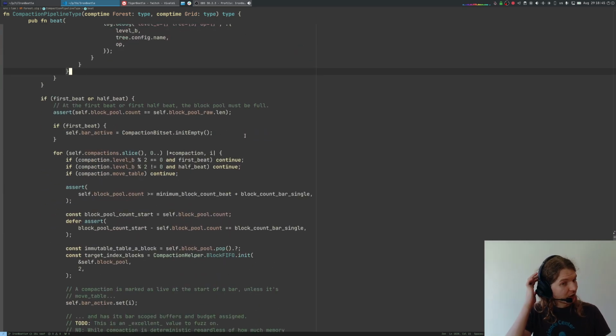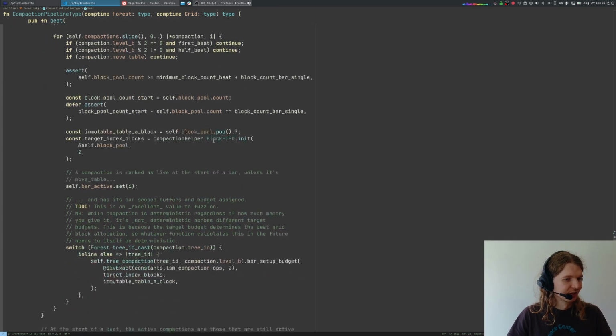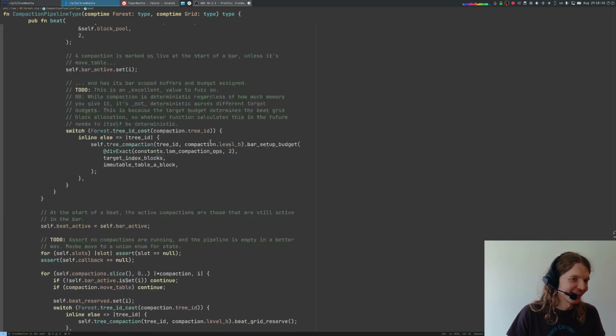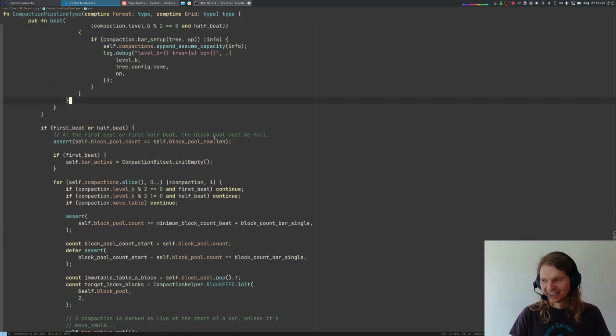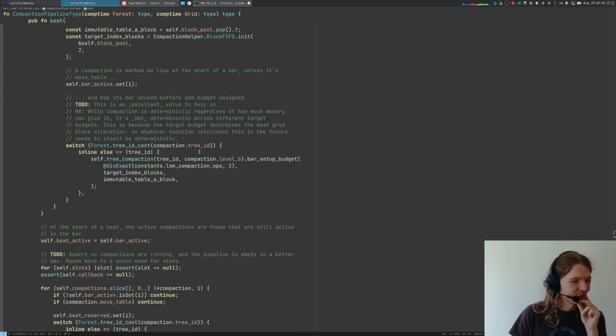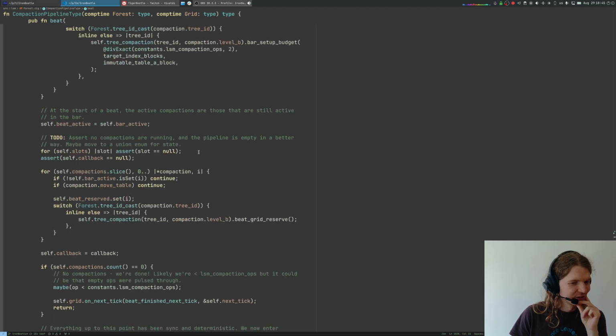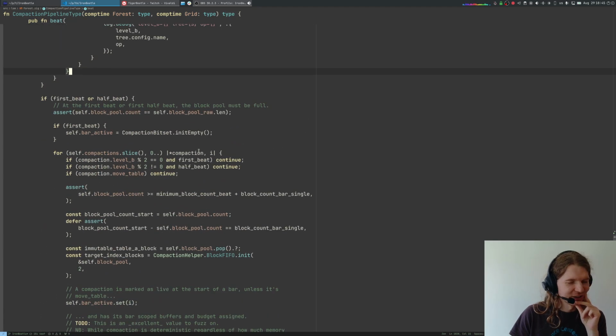Now we need to go and actually start running compactions. And now we come to the actually complicated stuff. Okay, what are we going to do here? I'm at a loss here.